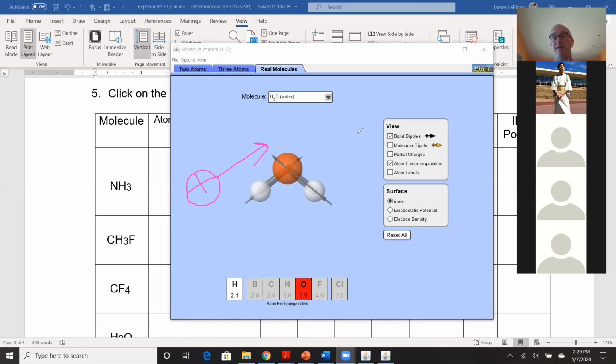Well, it's going to be away from 0. We know that because it's going to be a partial negative charge. But it's going to be like -0.5 or almost -1 like ammonia was. Almost -1. Why do you say that? Because it has 2 hydrogen atoms, which is around 0.6.